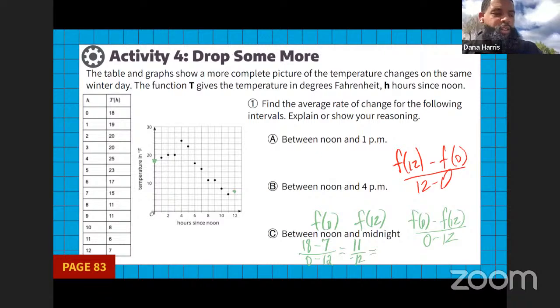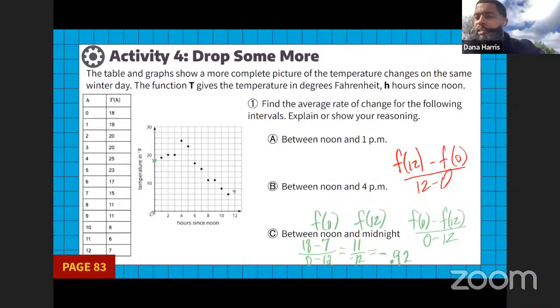So when we do that, if we want to write it in decimal form, the decimal form of that is, it's a negative number, but let me find my handy dandy calculator to save time. So 11 divided by 12 is roughly, it's a decrease, so it's negative 0.92.